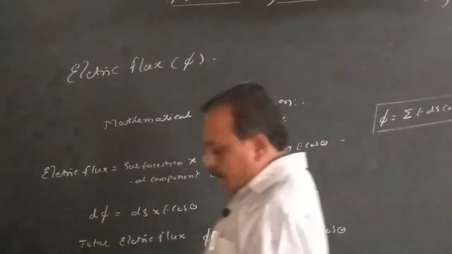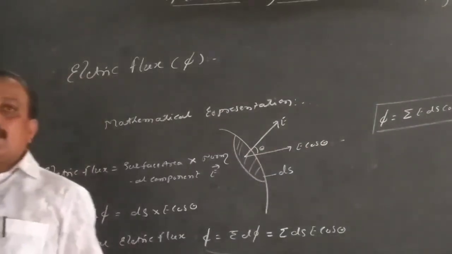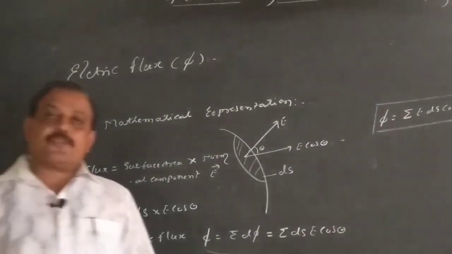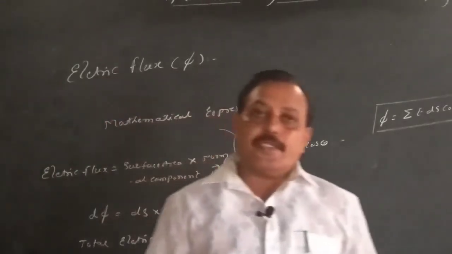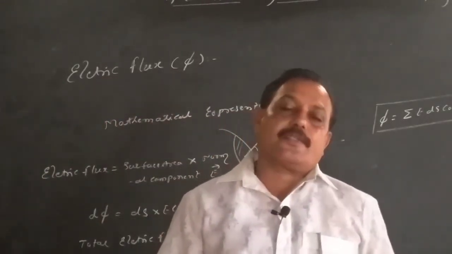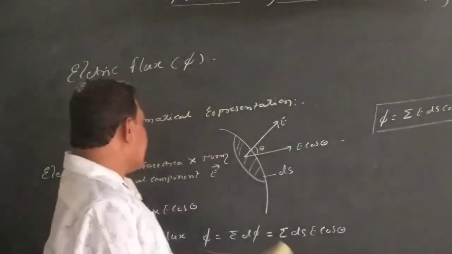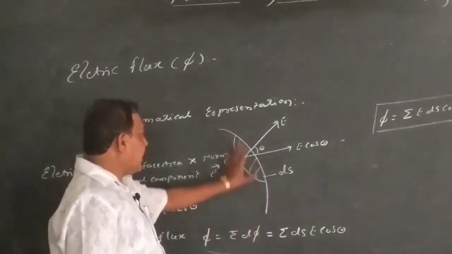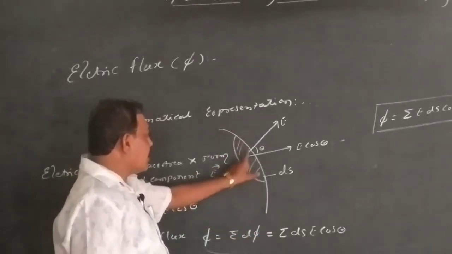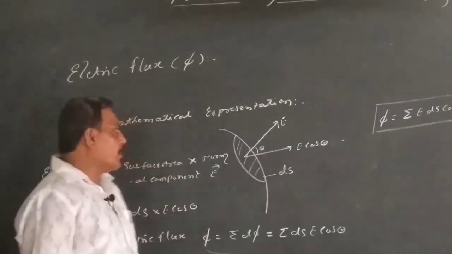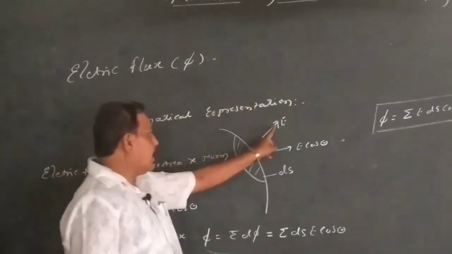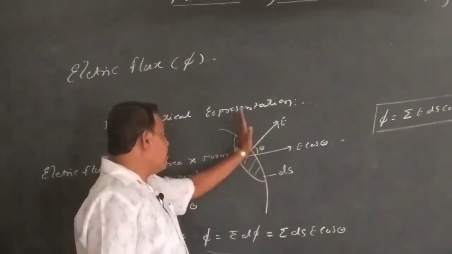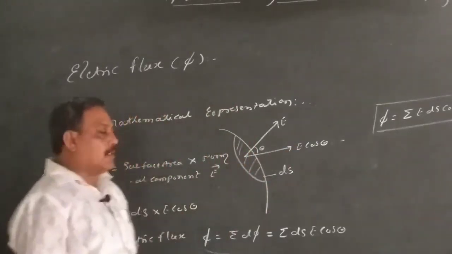What is that electric flux? Wherever there is an electric charge, there are electric lines of forces. If I take the number of electric lines of forces passing through a given surface, then it is called electric flux. Mathematically, this is the total surface area, I take the small surface area ds, and this is the resultant electric field E. If I split the electric field into two components, vertical and horizontal, the vertical component has no effect, hence it is neglected.